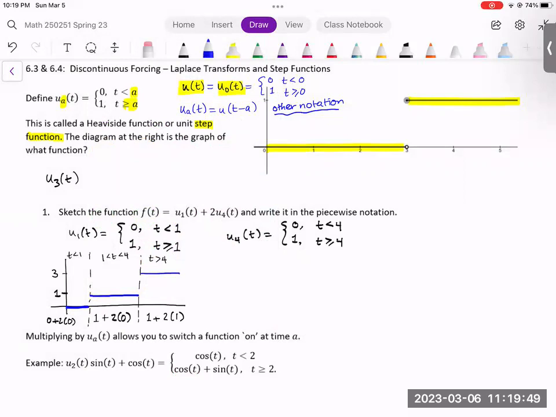One thing to note is that I'm not going to be very careful about what's happening at these transition points where we're changing from one function to another. The reason is that we're always going to be taking the Laplace transform of these functions, which means we're putting it into an integral.